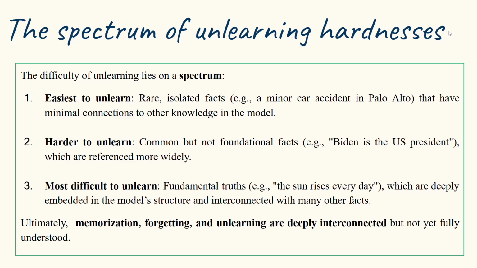This creates a paradox between memorization, forgetting, and unlearning. If a model forgot early data, later data becomes harder to unlearn. The model's knowledge structure plays a key role in determining which data is easier or harder to remove, making this challenge yet to be fully understood.